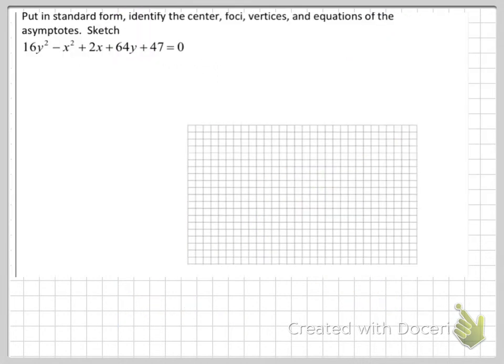Okay, what if it's not given to us in that perfect standard form, right? So similar to ellipses, we want to organize, but we also want to pay attention to the negative sign. So in this problem, here's my negative sign. It's in front of the x. So I want that to be second, because I like my negative sign to be in the middle. So keep the y's, or move the y's together.